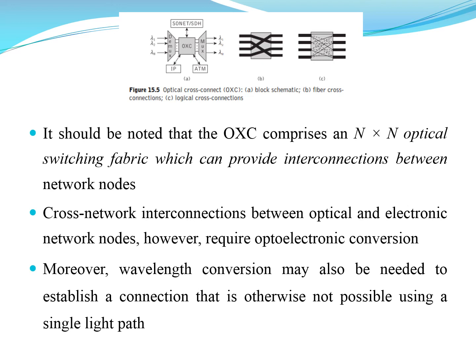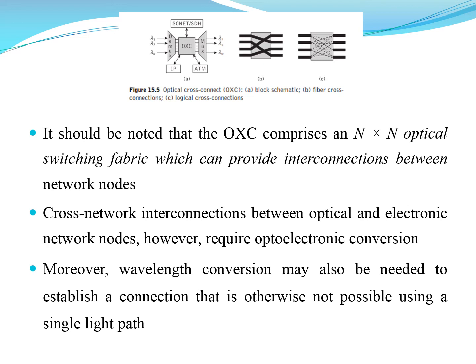The OXC is going to comprise an N cross N optical switch fabric, which can provide the interconnections between the networking nodes. Cross network interconnections between the optical and electronic networking nodes require optoelectronic conversion. So that is needed if I go with cross network interconnection between the optical and electronic networking nodes.